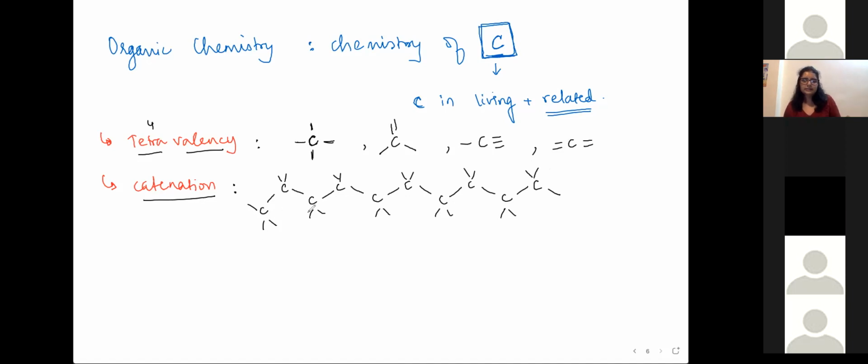Because it forms all of these, you can see that this is not possible in any other element. If you take metals, metals are electropositive. They cannot form chains. They just form cations and bond with whatever is negatively charged, and they can't form multiple types of bonds like carbon can. If you take non-metals, the substances that do form covalent bonds: noble gases don't form any bonds at all.